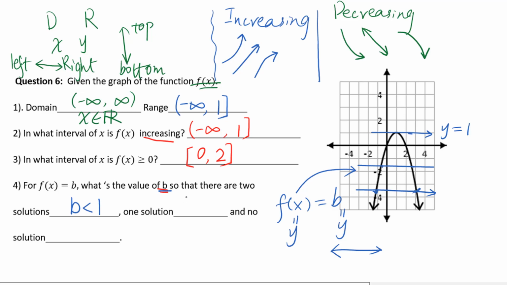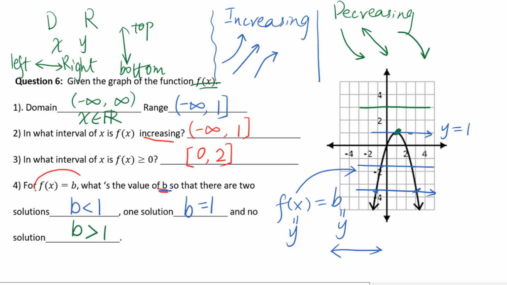One solution, when b equals 1, you will have only one intersection. No solution, that means you can draw a line over here. No intersection between this line and the f of x. Therefore, when b greater than 1, no solution.